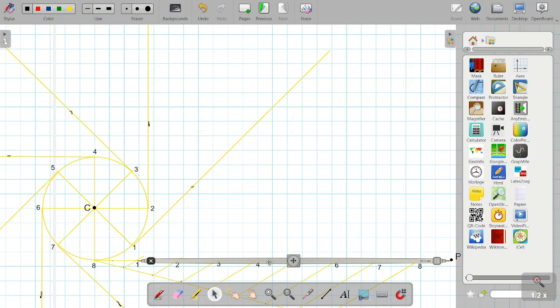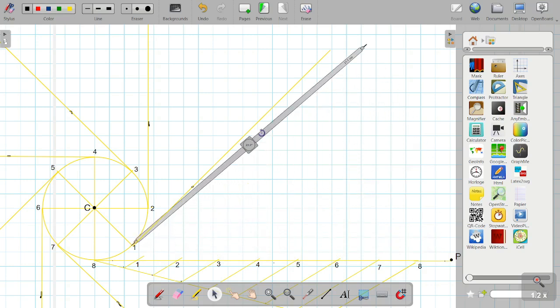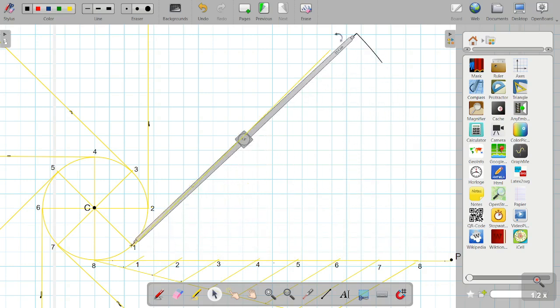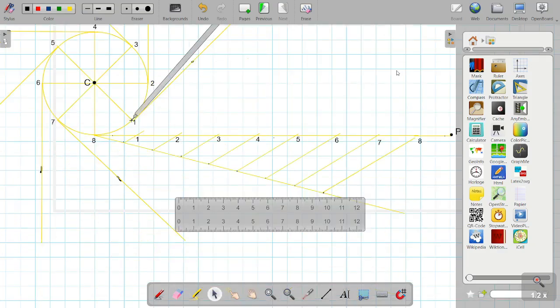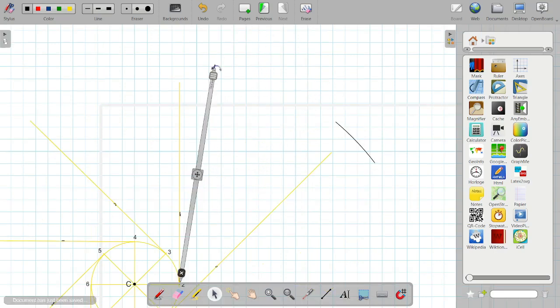Then keeping the same radius, shifting the center to 1 on the circle, we need to make an arc on the tangent at 1. Measuring the distance from point 2 to point P, keeping the radius same and center as point 2 on the circle, we have to make an arc on the tangent at point 2.